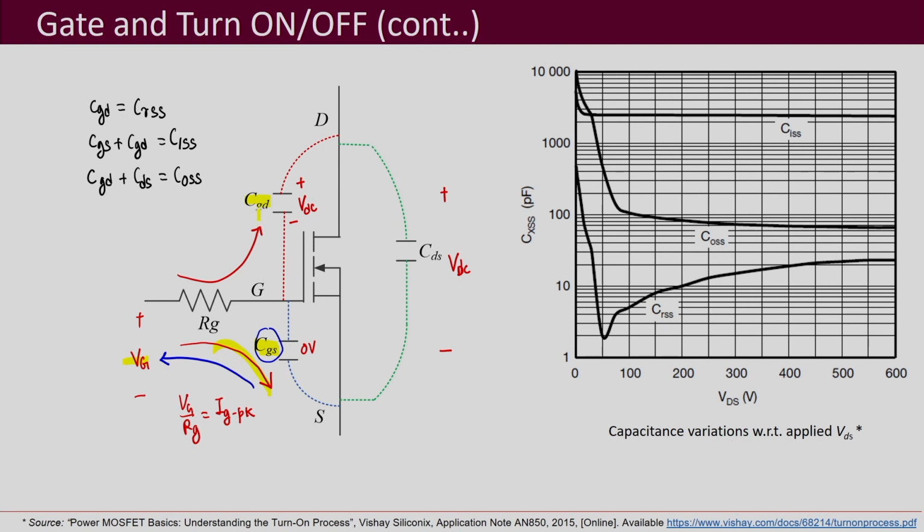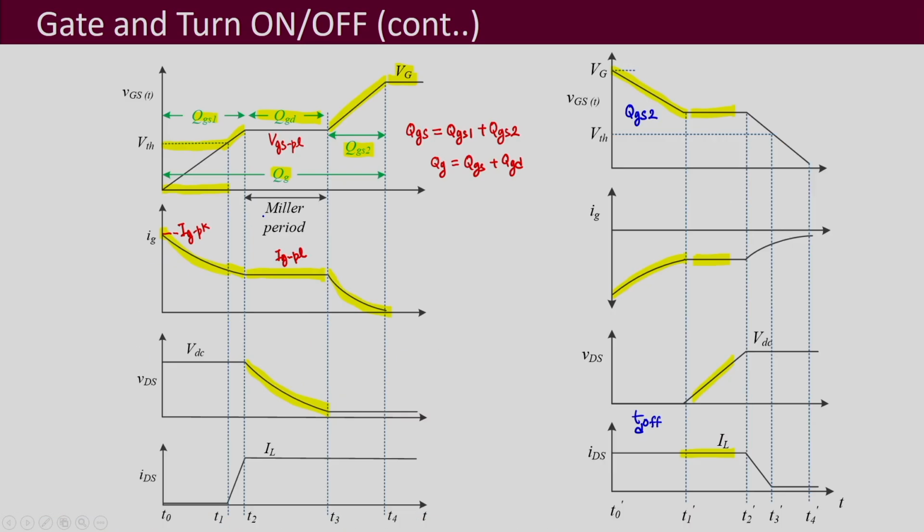So, at that time what is happening is that your current is flowing in this direction, and this plus VDC voltage again starts to build up across the device, and so across CGD. So, it charges to VDC, this capacitor CGD, and the charge associated here is equal to QGD.